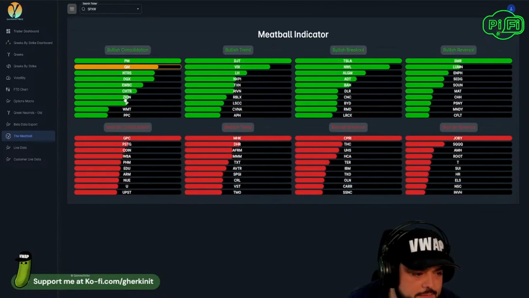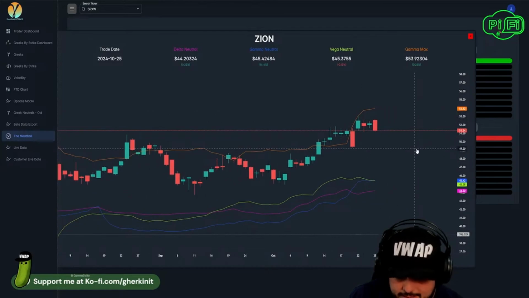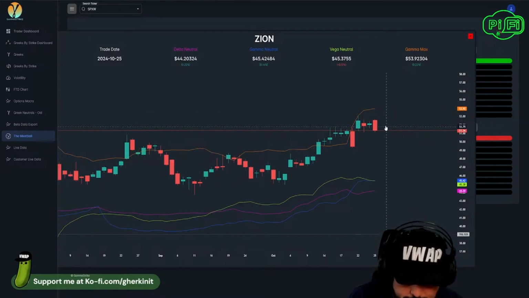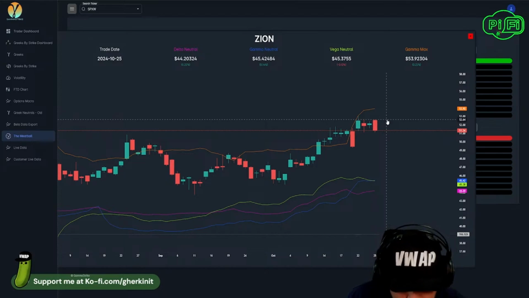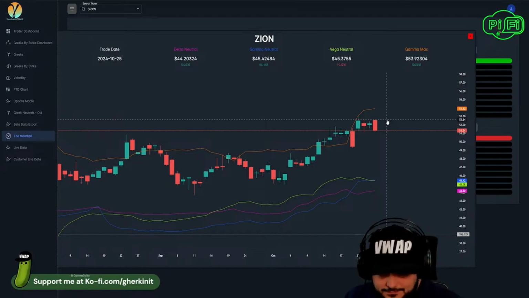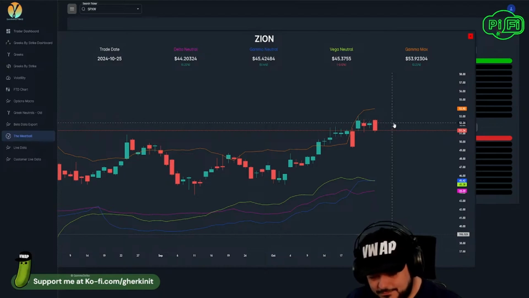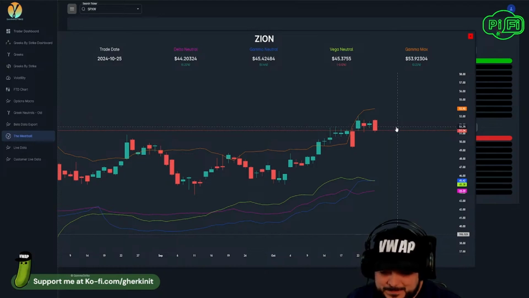If you want to be early and take on that risk, Zion is a stock that I would never just pull up randomly from our list of tickers. But because this popped up here, I can see, okay, it's at gamma max. The last few days it's been flattening out. Gamma max is still going up, so it could turn around just like it did a week prior. But if it does fall, it's got a good 10% range down to gamma neutral. So it could be a good one to look at as a potential short.